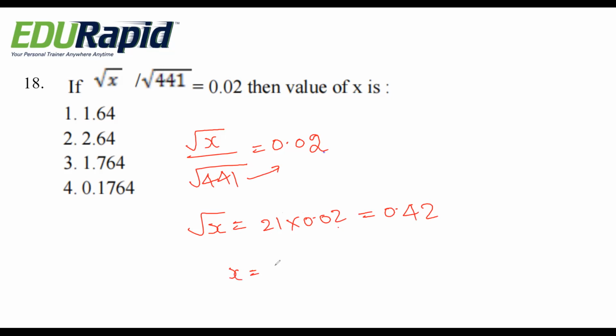So x is equal to, if you send this square root to the other side, it becomes a square, and 42 square is 1764. So that is 0.1764. Option 4 is the right answer.